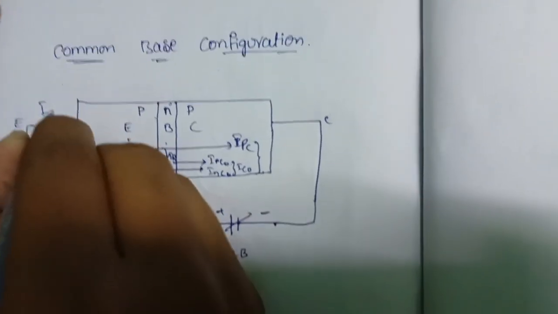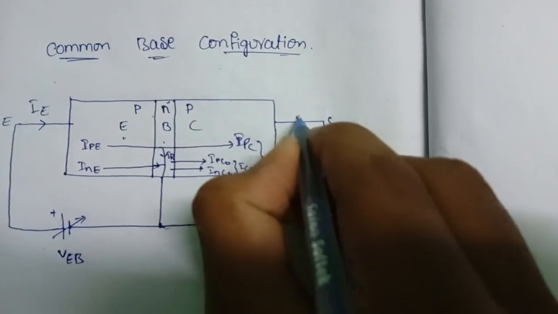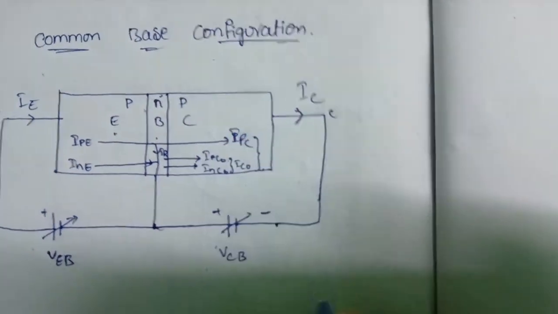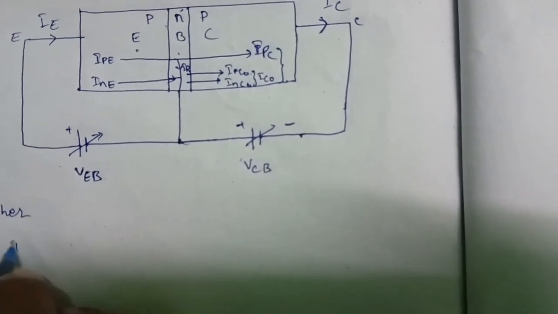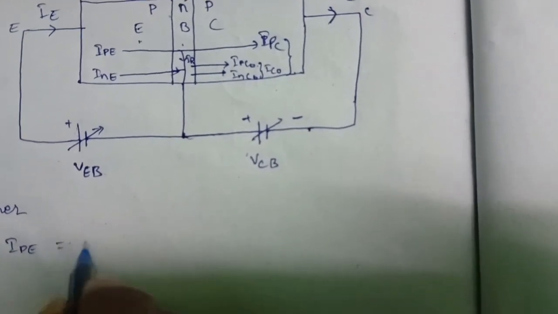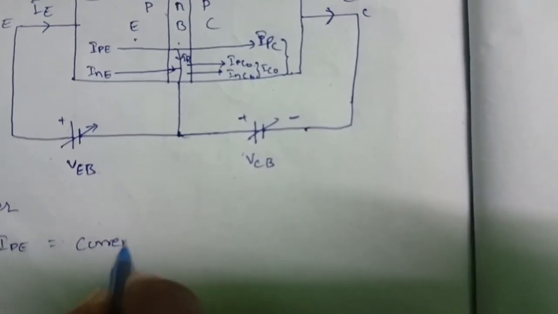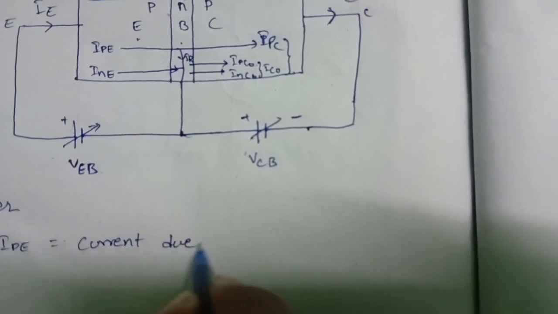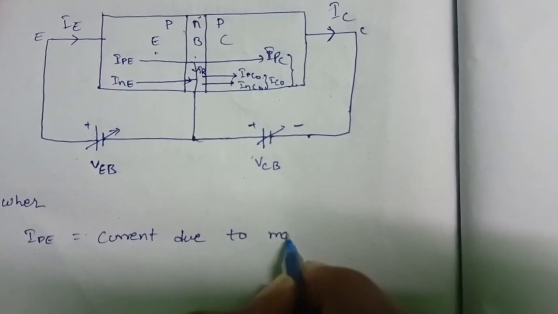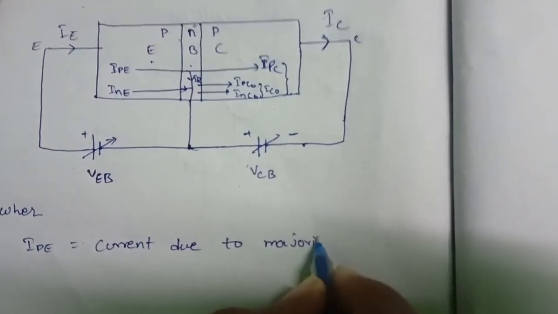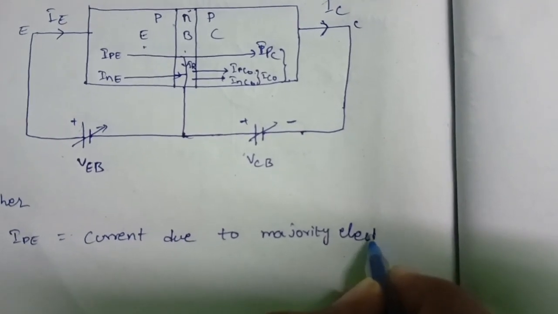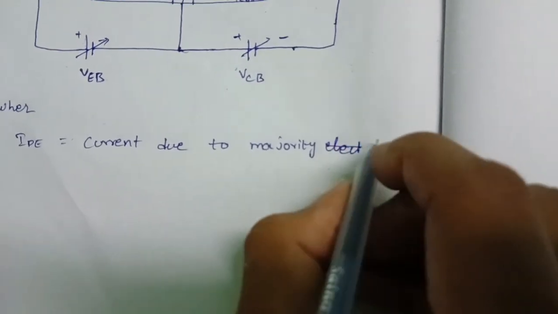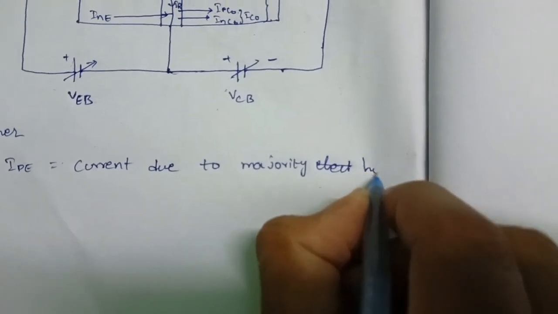Here the input current is IE and the output current is IC, where IPE is the current due to majority holes, not electrons, holes.